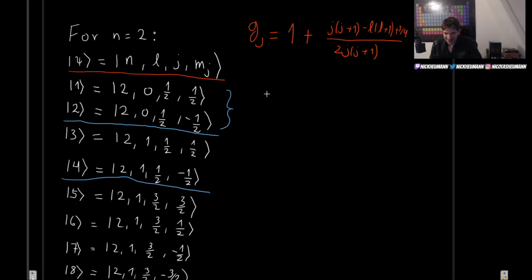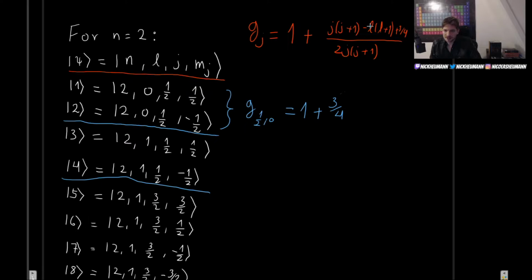All right, so gJ, damn it, the g Landé factor, all right? For the case J equals 1/2 and L equals 0. In this case, we have 1 plus, then we have 1 plus 1/2, so we get 3/2 times 1/2, so we get 3/4.